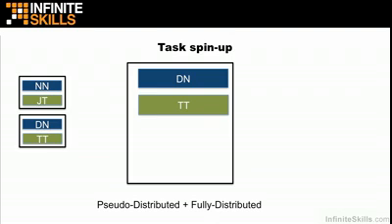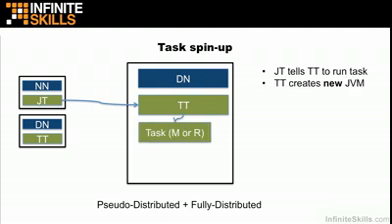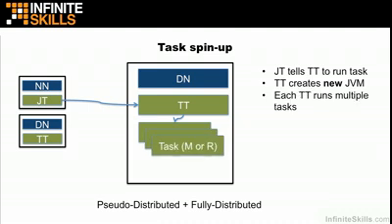To show the advantages of pseudo-distributed and fully distributed, it's important to talk about the task spin-up that's involved. Over here on the left, we have our name node and job tracker machine, and a single data node and task tracker machine. When a job spins up, the job tracker machine tells one or more task trackers to run an individual task. Each task tracker then stands up a brand new Java virtual machine, and each task tracker is going to run multiple tasks. Standing up a JVM is a rather expensive process and will at the very least take a few dozen seconds to accomplish.